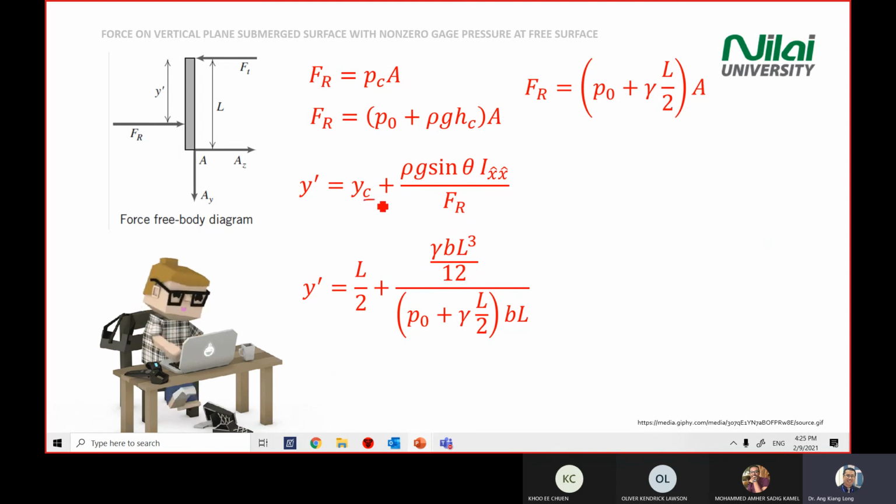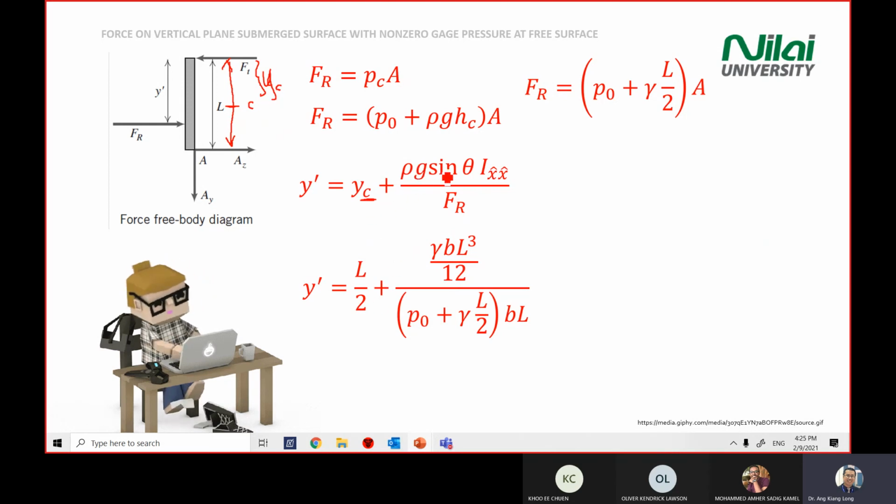And again, your centroid is half of your length here. Your centroid is here. So this is your length, LC or YC also can. Yeah. So you replace your YC with L divided by 2.